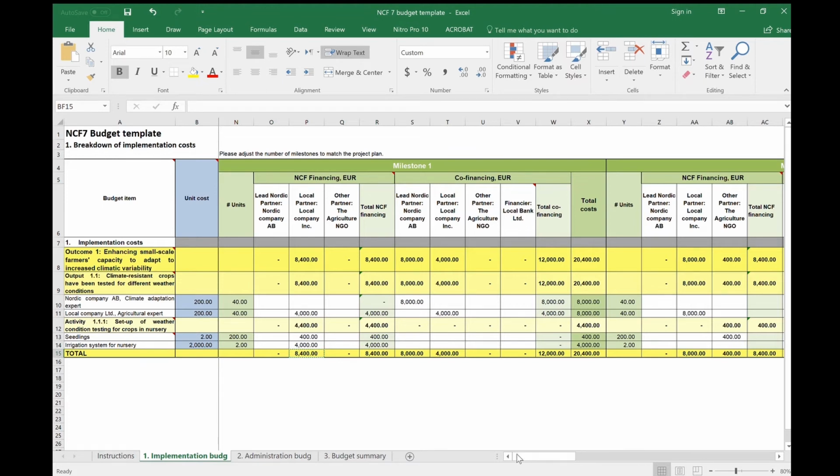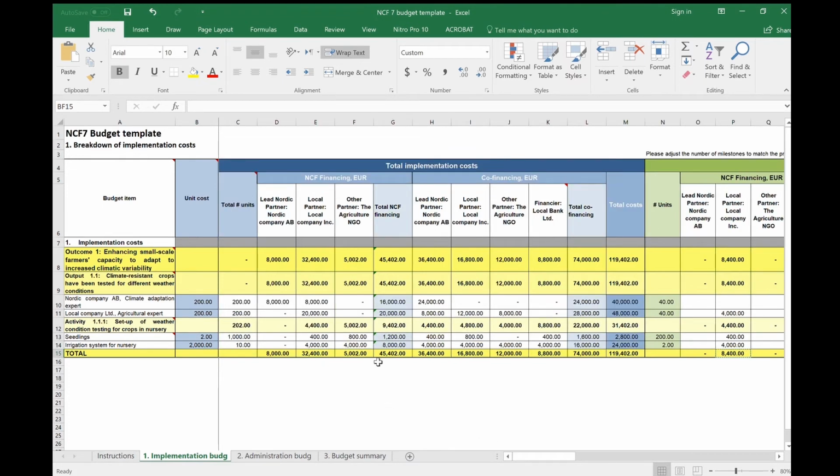Finally, once you have correctly filled in the expected implementation costs for all milestones, make sure that these are correctly shown in the total implementation cost table. That is, again, the blue table. Check that the formulas in this table refer to the correct cells in each milestone budget.